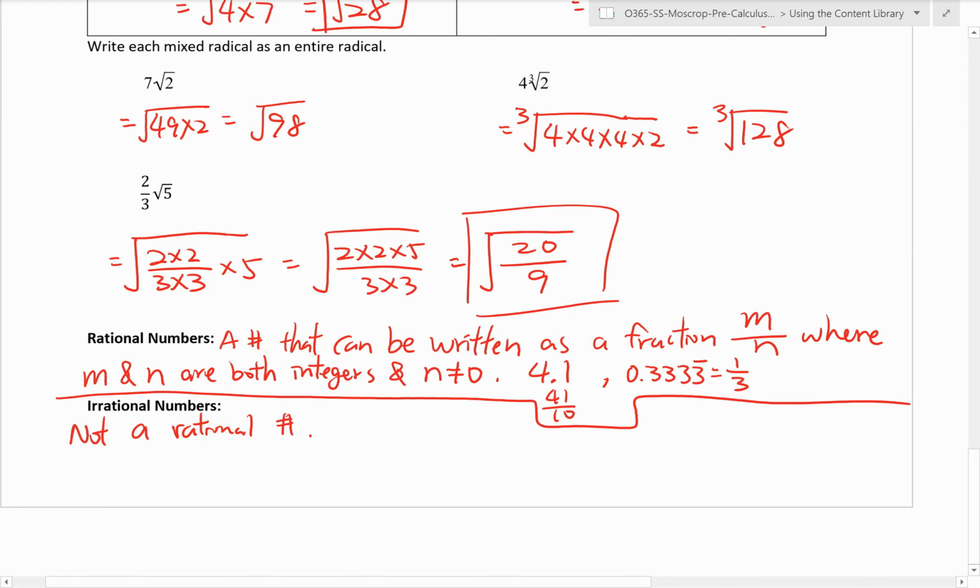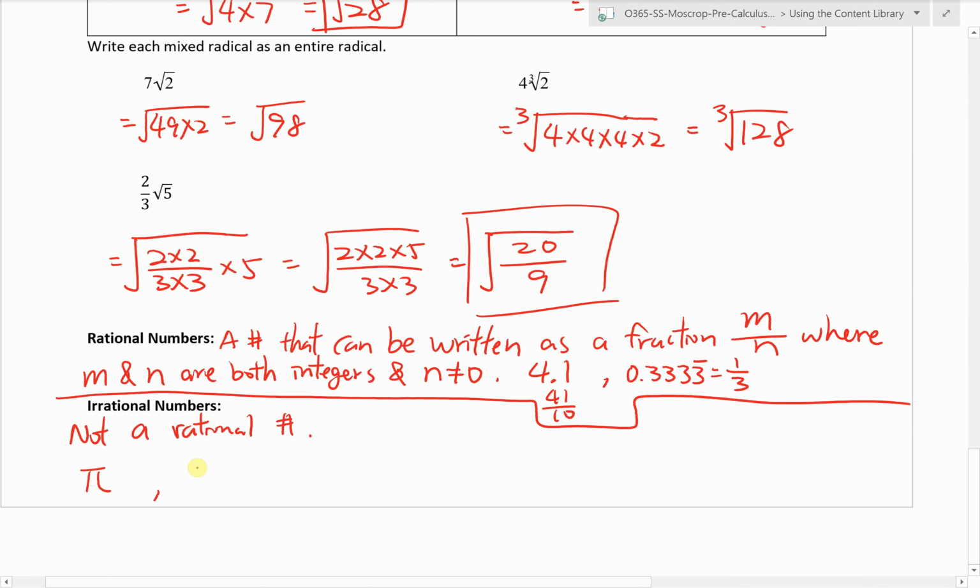So then, Mr. H, what are you talking about? What's not a rational number? Pi, because if you write pi as a decimal, it's 3.14159 and so on. It does not end. It does not terminate, and it does not repeat. And therefore, it is irrational.